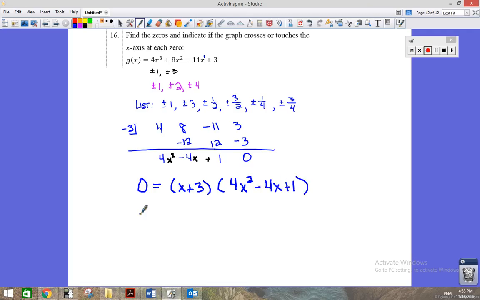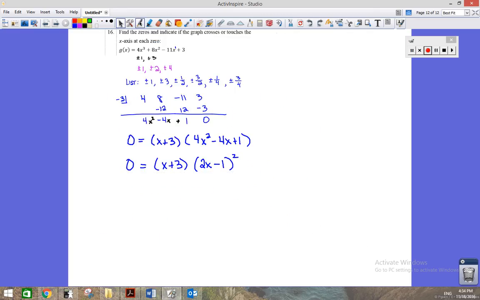And you might be able to do your x method, or you might hopefully be able to see that this guy's a perfect square, that we have 2x minus 1 quantity squared. 2x times 2x is 4x squared, 2x times negative 1 is negative 2x, times another negative 2x, negative 4x, and negative 1 times negative 1 is positive 1.